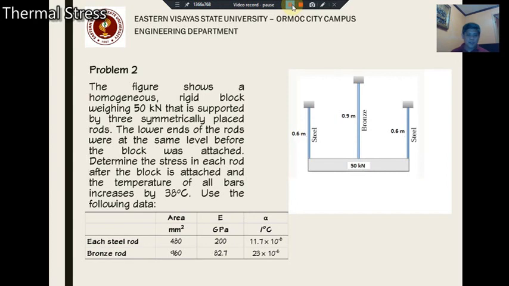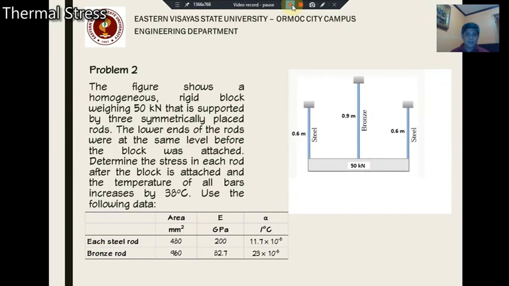For the bronze rod, the cross-sectional area is 960 square millimeters, 2.7 gigapascal for its modulus of elasticity, and the coefficient of thermal expansion of 23 times 10 to the negative 6.